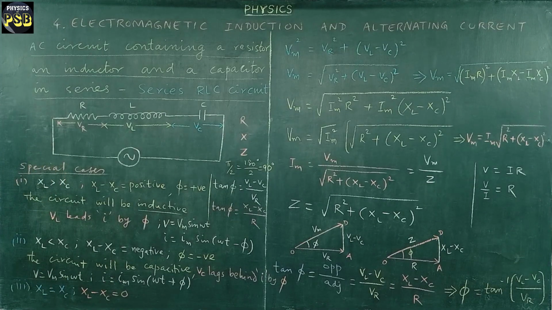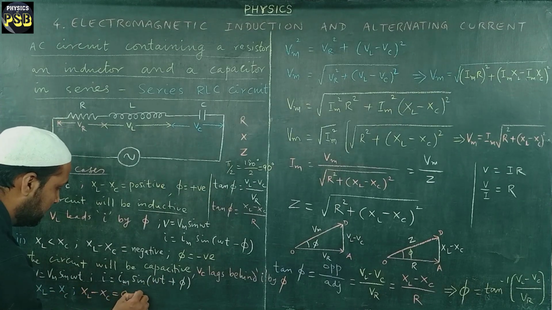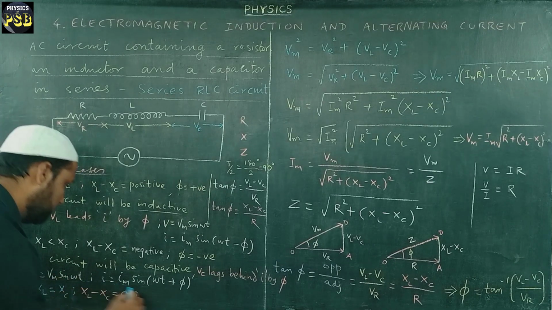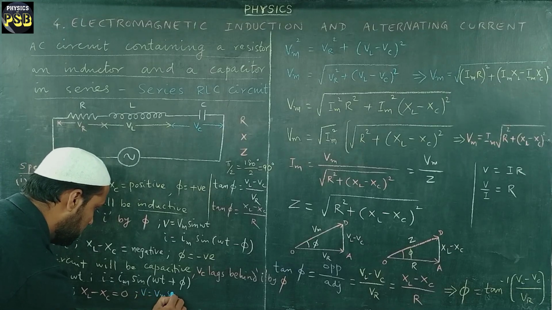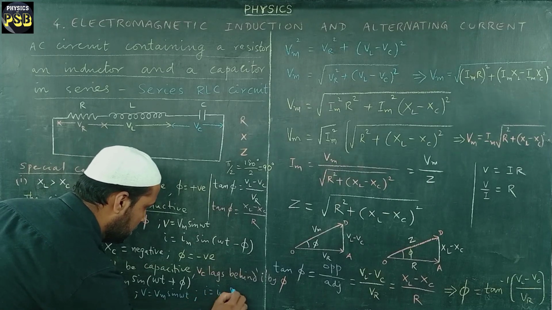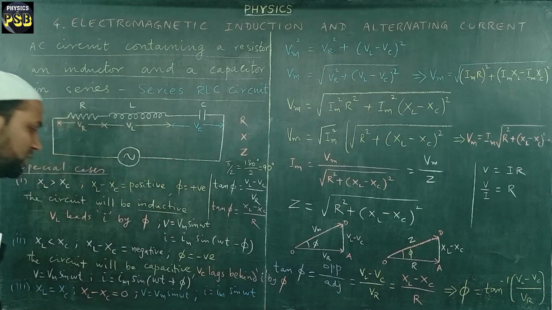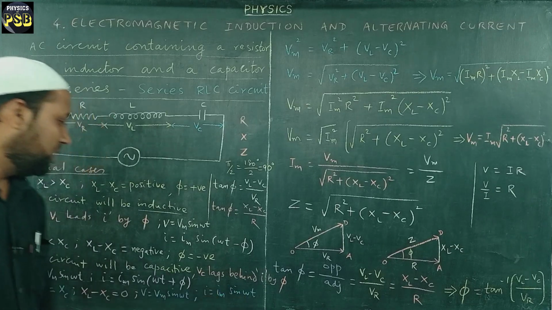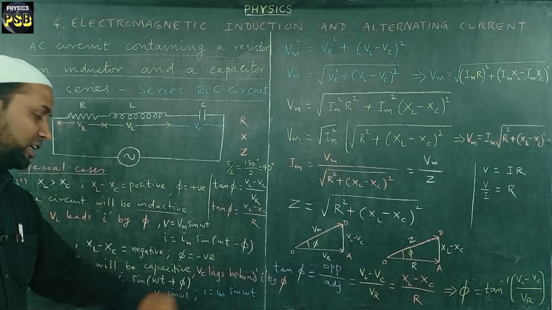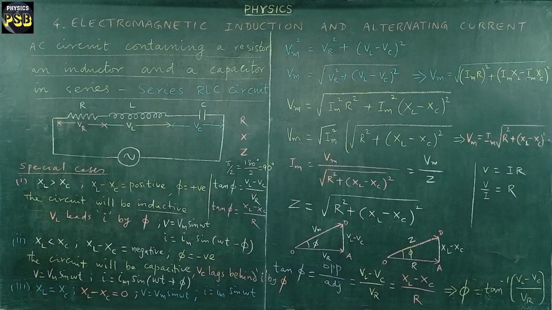In such a case, I and V will be in phase. That means V equals Vm sin omega t, and I equals Im sin omega t. This clearly shows that the difference in the angle between these two is 0. It means in the RLC circuit, voltage and current will be in phase.